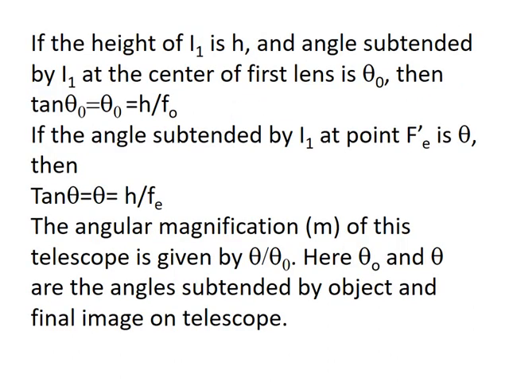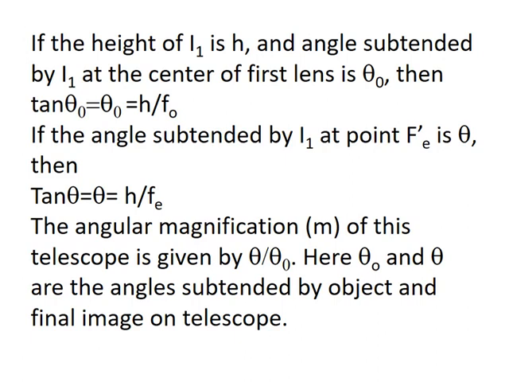From the diagram given in slide number 6, tan theta naught is equal to h over f naught. For small angles, tan theta naught is approximately equal to theta naught. Also, tan theta is equal to h over fe. For small angles, tan theta is approximately equal to theta. The angular magnification is defined as theta over theta naught.